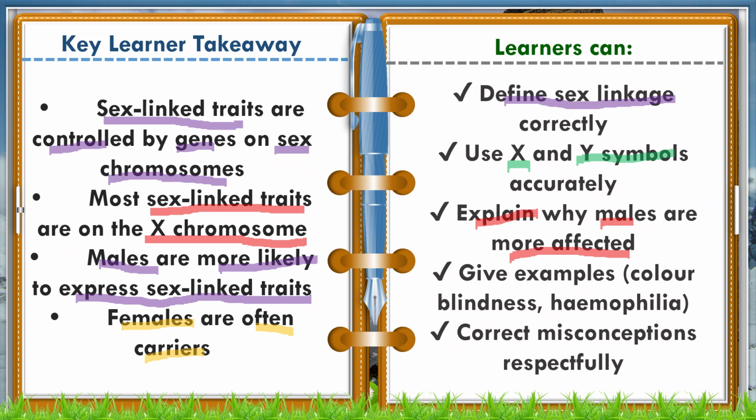And they can give examples like color blindness. They can give hemophilia. And they can correct misconceptions respectively. So if you have not yet got all these concepts, please go back to the beginning of the video and make sure you get them properly.